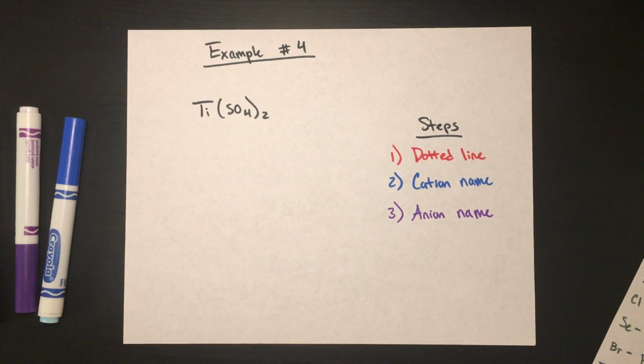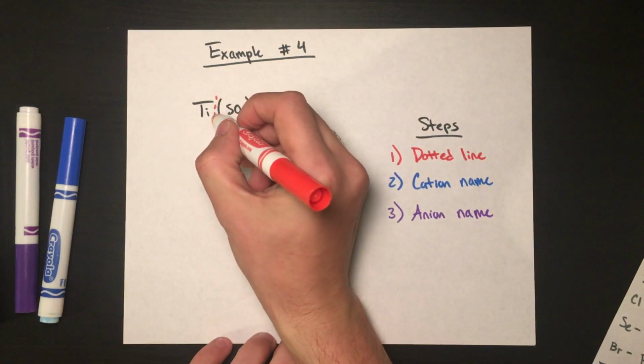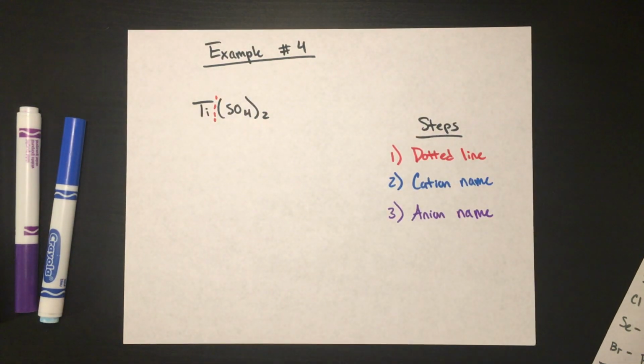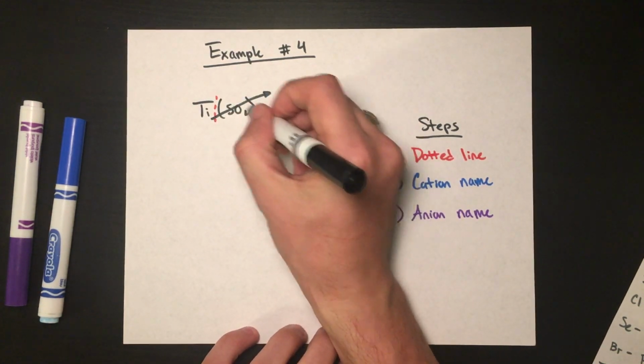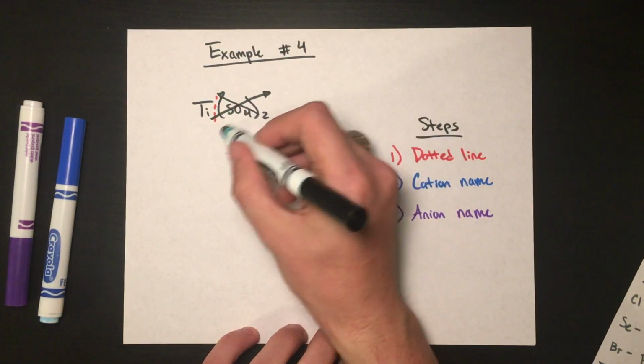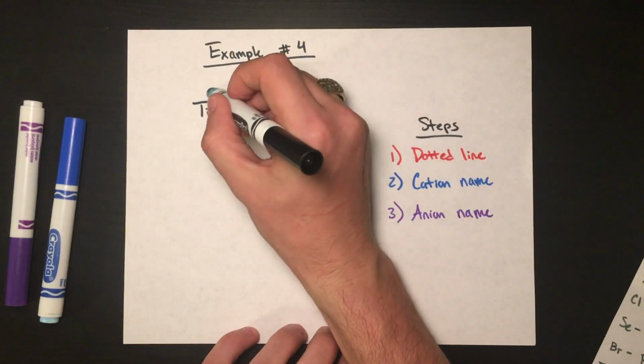For our last example, we're going to use TiSO4. So the first step is to separate the cation and anion by drawing a dotted line. So in this case, we have titanium and sulfate, but we have to figure out the charge of titanium because it's a transition metal. So again, we're going to do the reverse Sox method and kind of bring these numbers up. So this would be a -1, and that would be a +2.